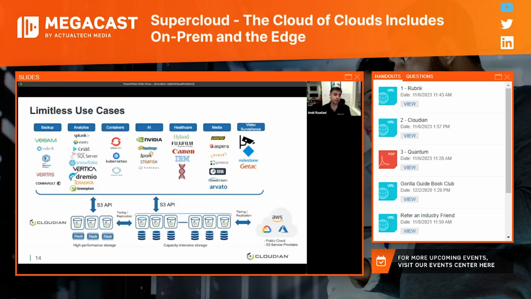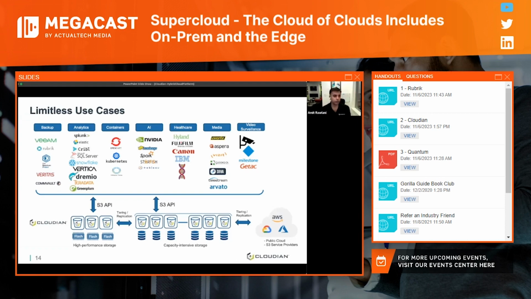The use cases that you can actually go after range across the board, starting from backup. We work with a variety of backup vendors: Veeam, Rubrik, Veritas, Commvault. Everything supports S3. On the analytics side, we're a core component of the data lakehouse construct on premises and hybrid cloud, whether it's with Vertica, Snowflake, SQL Server, Cribl, Dremio.